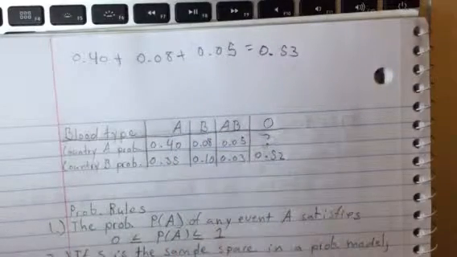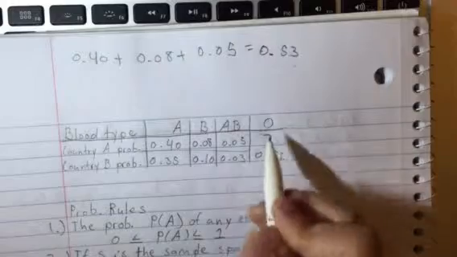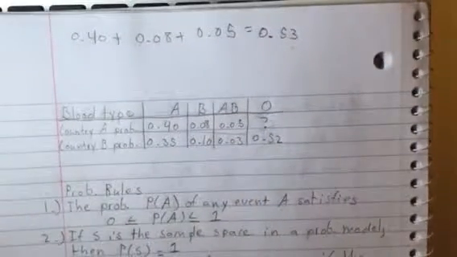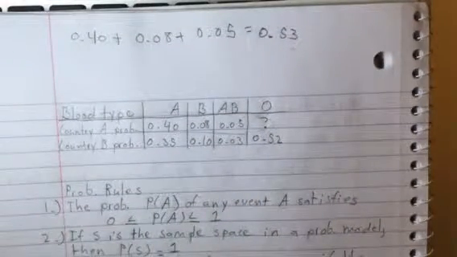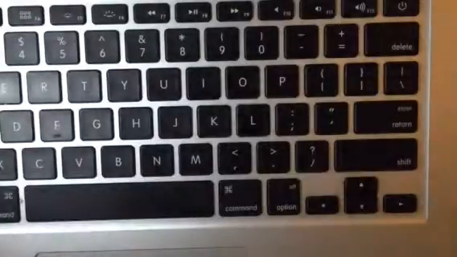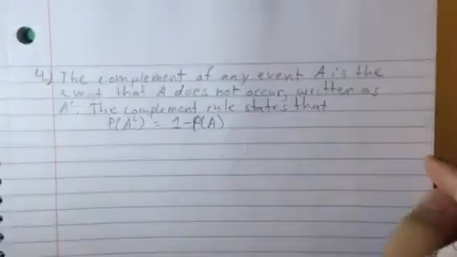Our next step, in order to find O, is following rule number 4.